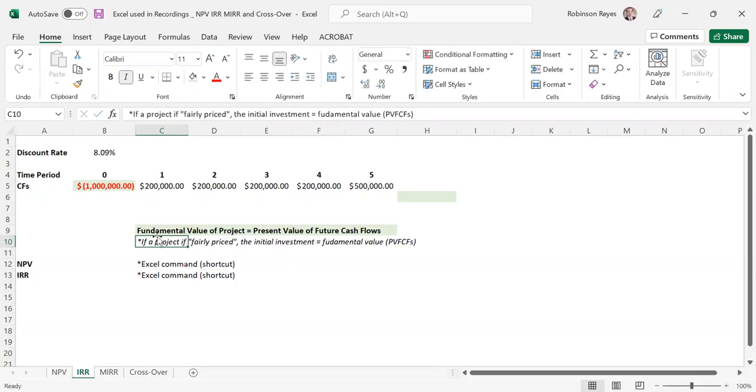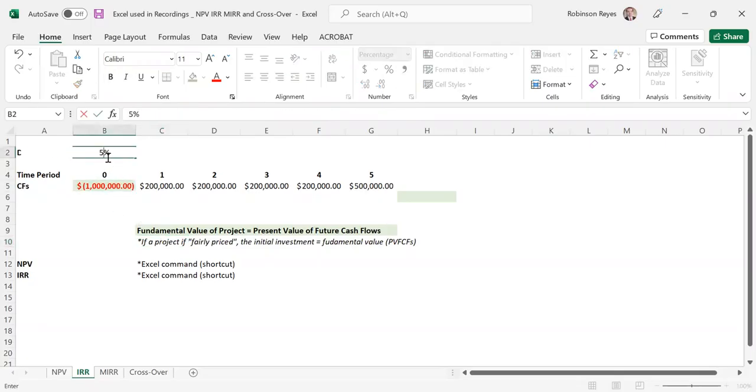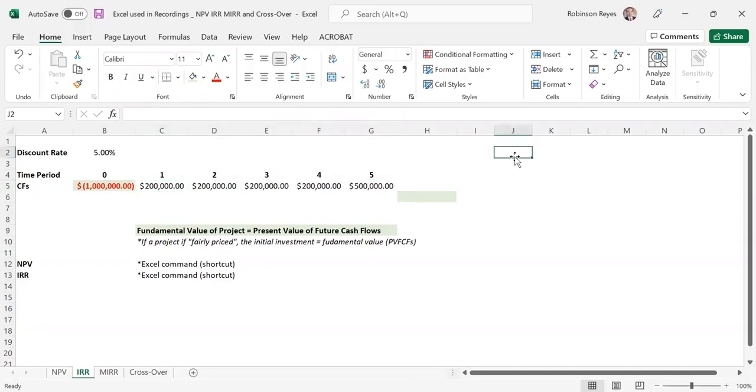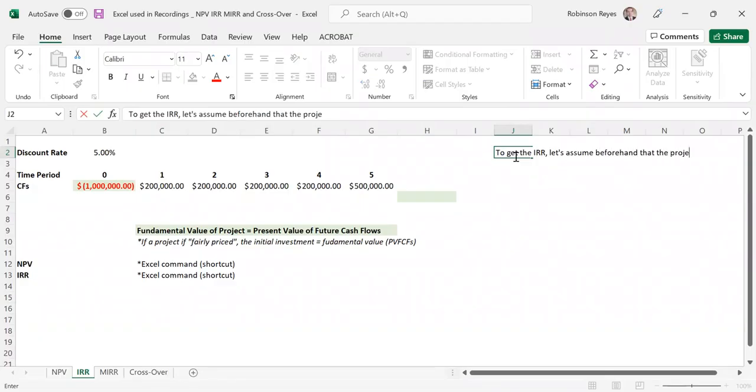Now, if we have this given initial investment, and this stream of cash flows, okay, to get the IRR, let's assume beforehand that the project is correctly priced. Hence, the initial investment is equal to the present value of future cash flows.